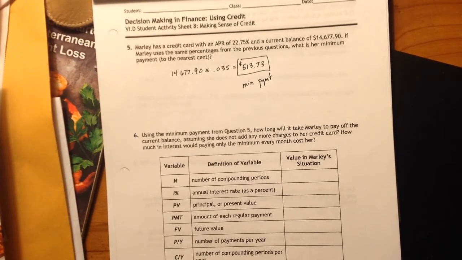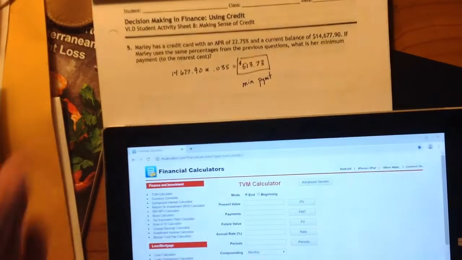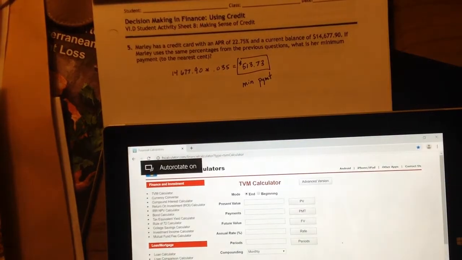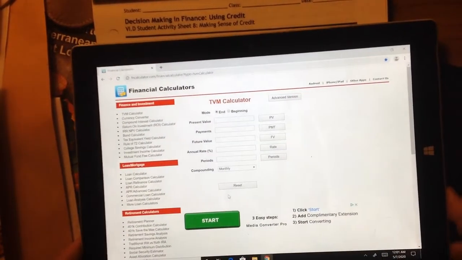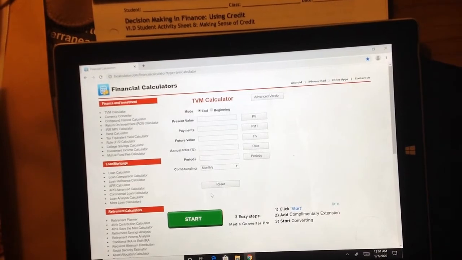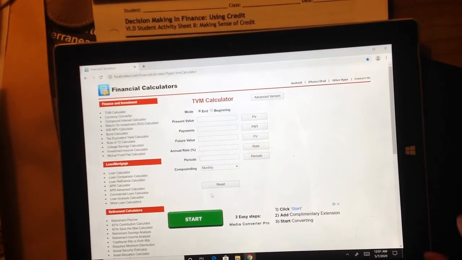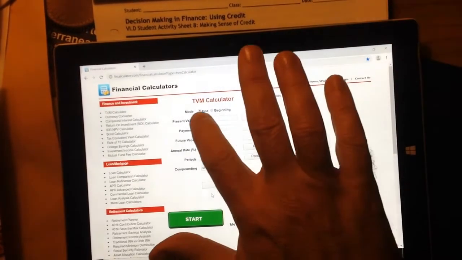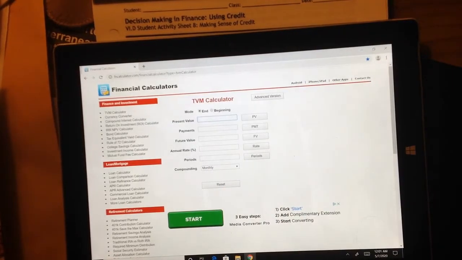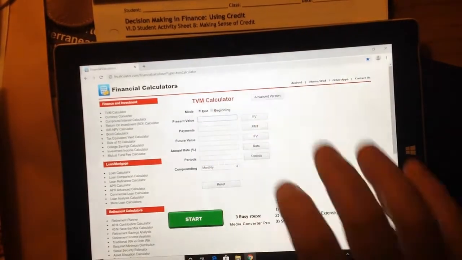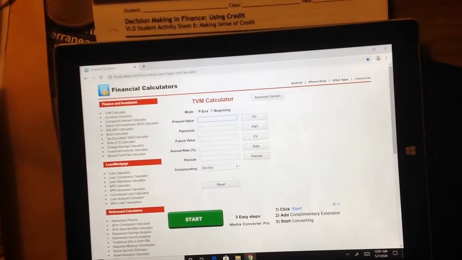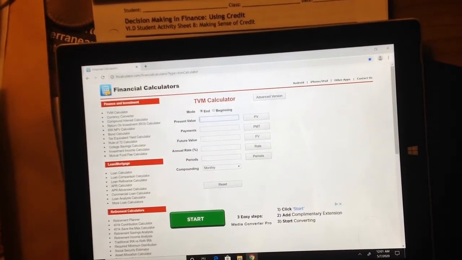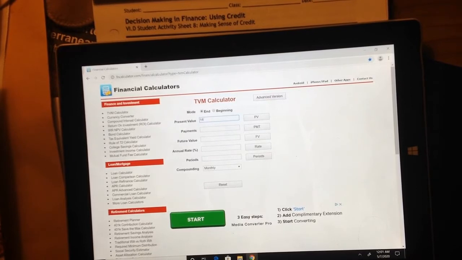All right, so we're going to use a TVM calculator here to figure out how long it's going to take her to do all this. So her present value, remember she owed $14,677.90. Oh, it's not putting the numbers in. Why is it not putting the numbers? There we go.